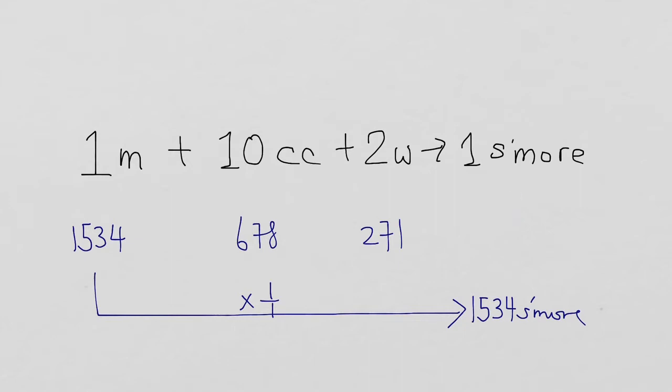Then you took a look at chocolate chips. And because you need 10 chocolate chips to make 1 s'more, if you have 678 chocolate chips, you can only make 67 s'mores. So you probably divided by 10 to do this, but dividing by 10 is the same as multiplying by 1/10.